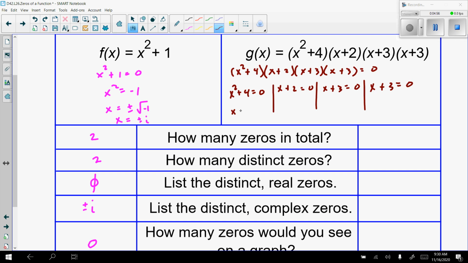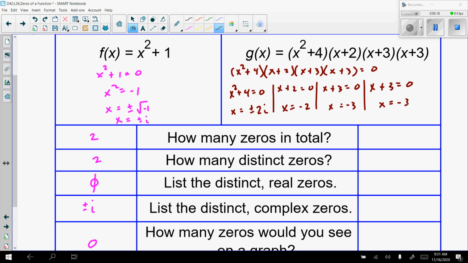So over here I can subtract the 4 over, take the square root, and that gives me plus or minus 2i. And of course here x equals negative 2, here x equals negative 3, and here x also equals negative 3.